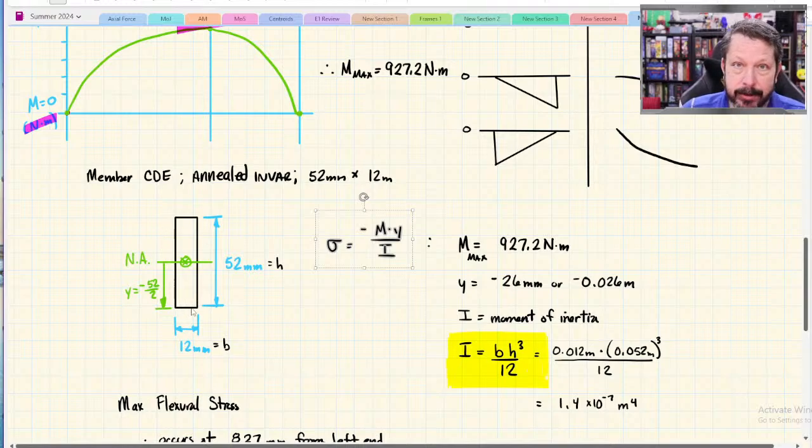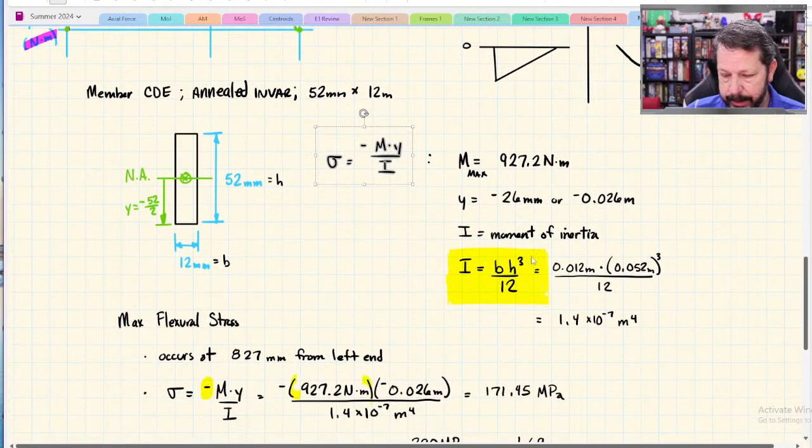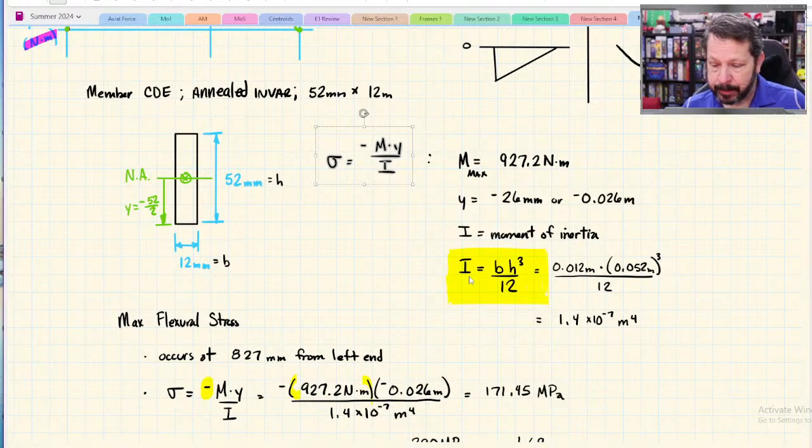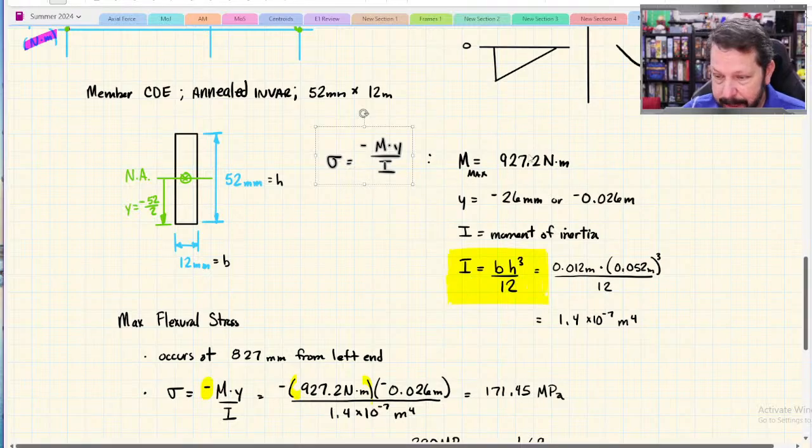So it's not a standard beam. It's not one we go look up in a chart somewhere. And I gave us the equation right here in the yellow box about how you calculate the moment of inertia for a non-standard beam. And I just told you to believe me that that was the value. So that's where we left off.